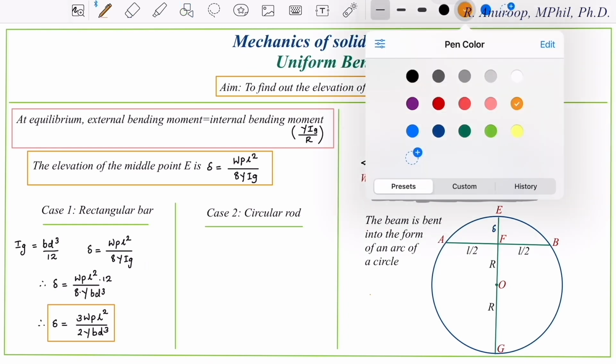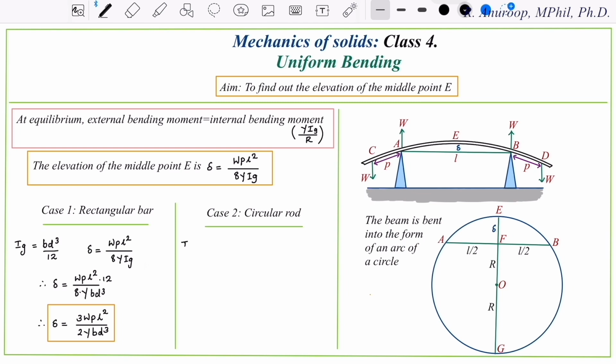Now consider a circular rod of radius r. Then the geometric moment of inertia I G is pi r raised to 4 by 4. Therefore, the elevation of the middle point delta is equal to W P L square divided by 8 Y I G. What is I G? I G is pi r raised to 4 by 4.